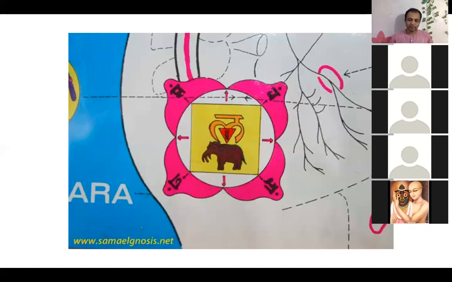So basically, avidya means lack of spiritual connection within oneself. We may know we are spirit souls, we are not this body and everything.